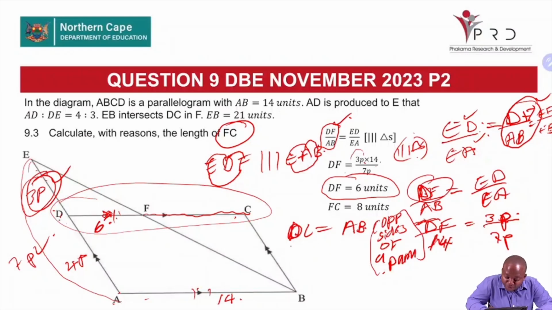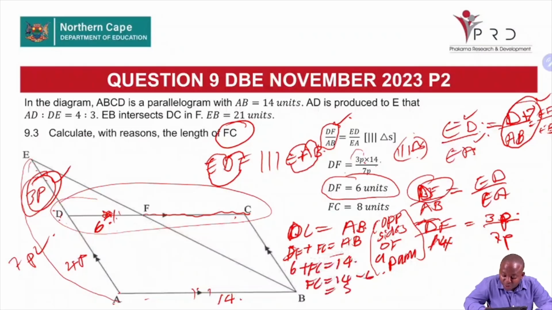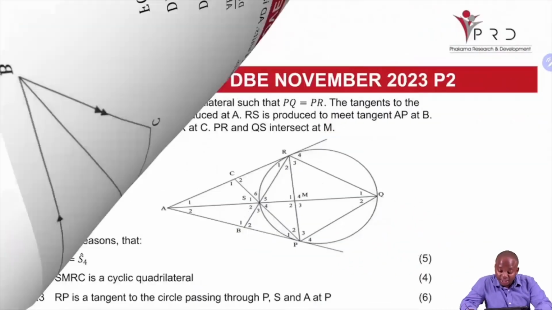DC is made up of DF plus FC, which equals AB. So 6 plus FC equals 14. We minus 6 on both sides. Then FC is 14 minus 6, which is 8 units. So that's how we got that answer.